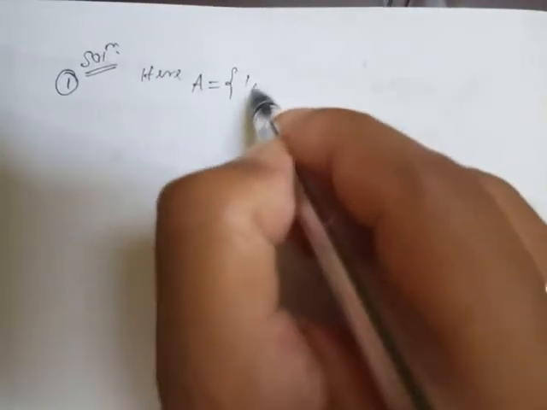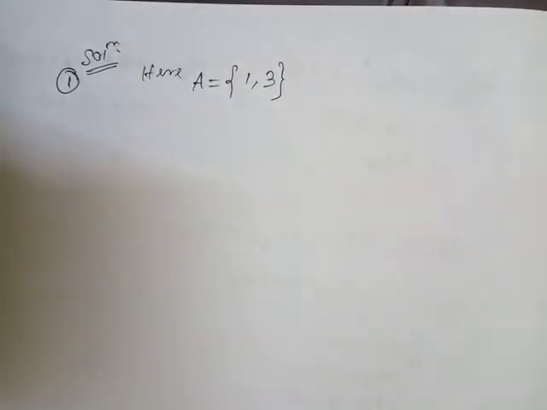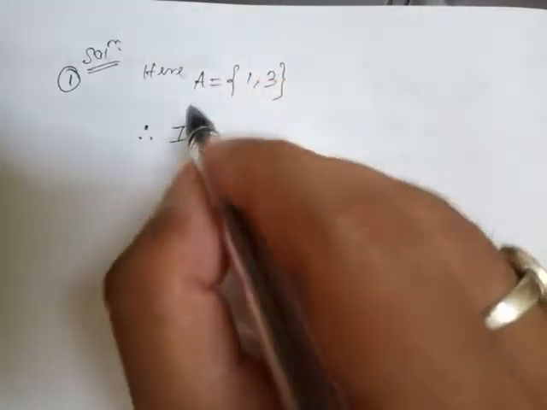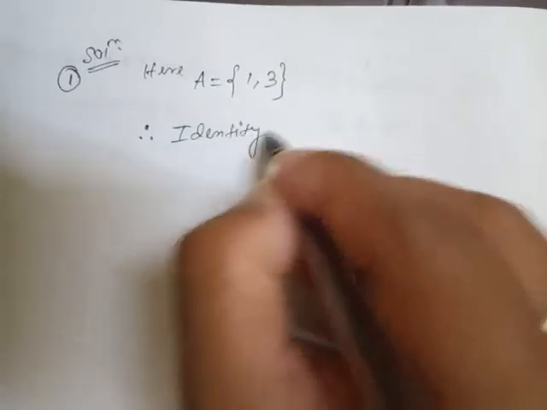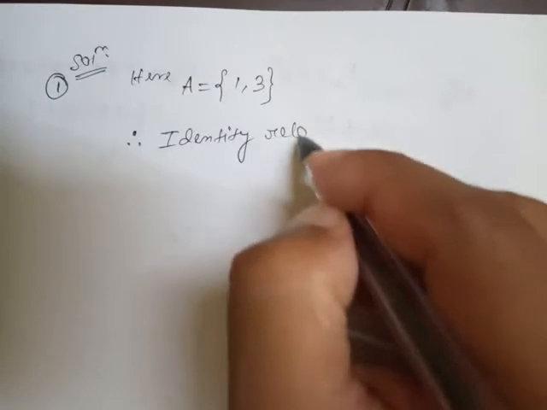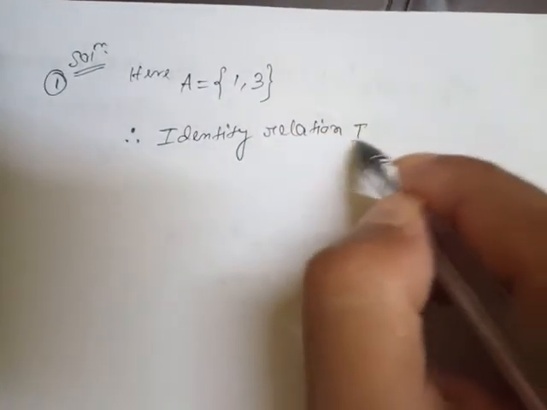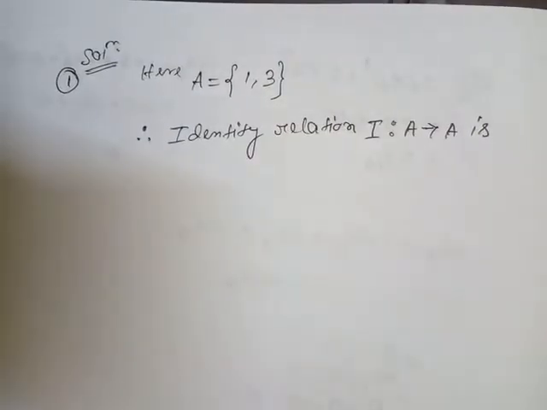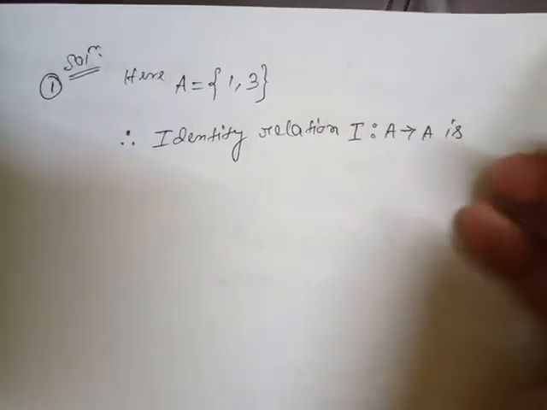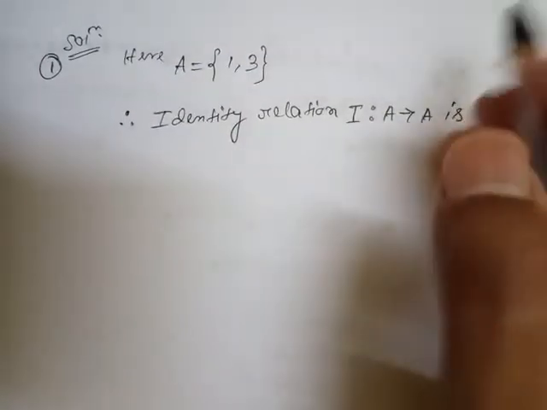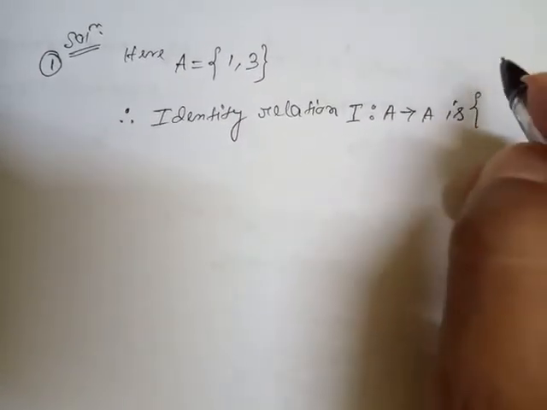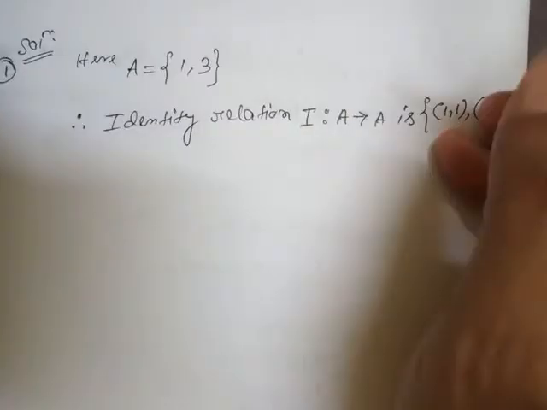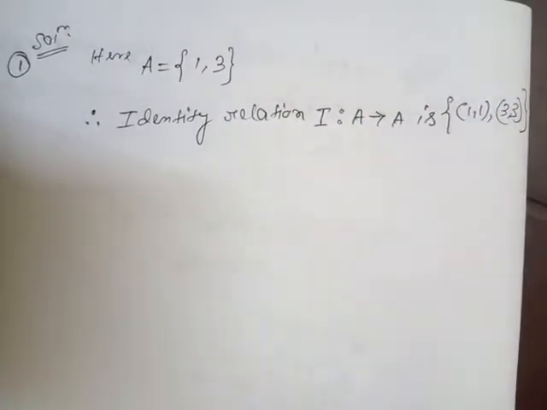A equals {1, 3}, this is the given question, meaning the elements of A. Then we have to write the identity relation, which means I_A: A → A, and it would be in a second bracket: (1, 1) and (3, 3), bracket close. This is the identity relation.